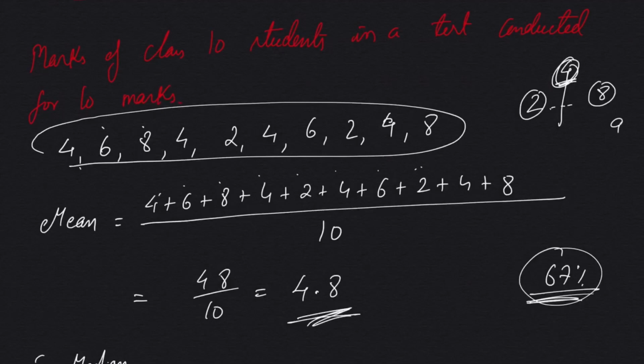That is why the average marks is 4.8, which means all the students' marks are revolving around 4.8, not exactly 4.8 but near around 4.8. So that's one thing that we can understand from the mean.